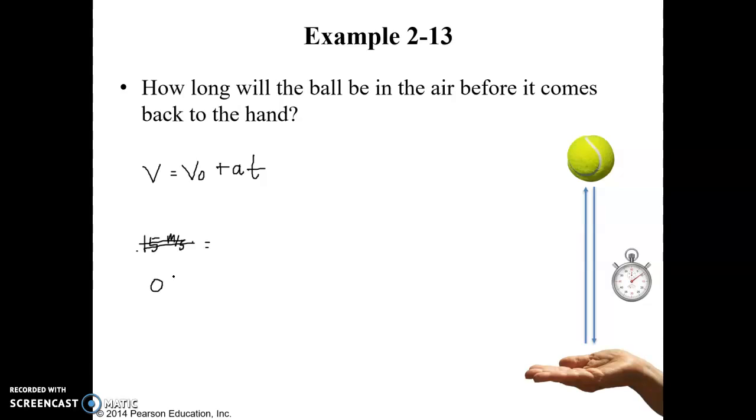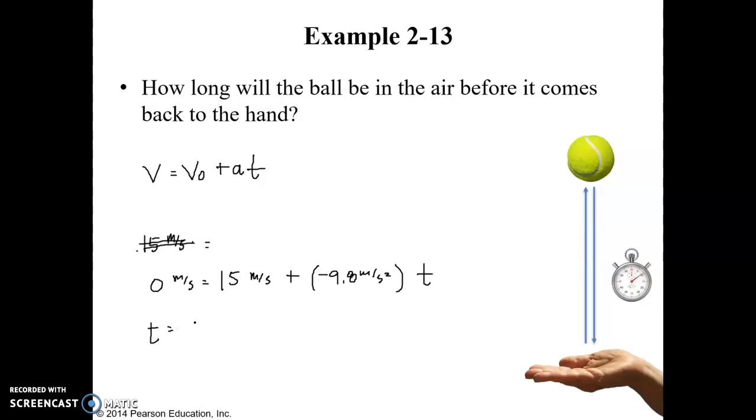So 0 meters per second equals the initial velocity when it leaves the hand of 15 meters per second, plus acceleration is going in the opposite direction as the velocity. Acceleration is trying to pull it down. So that's negative 9.8 meters per second squared. And then we have time. That's what we're going to solve for.